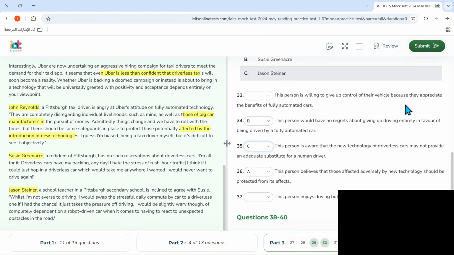Willing to give up control of their vehicle because they appreciate the benefits of fully automated cars. It's Susie. This is Susie.